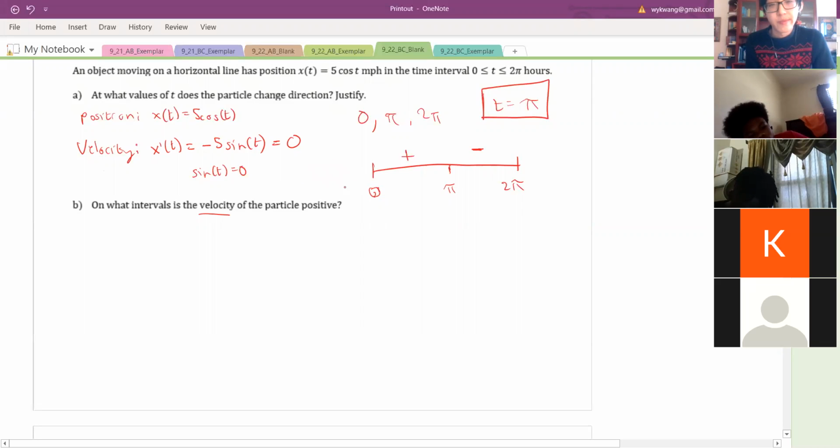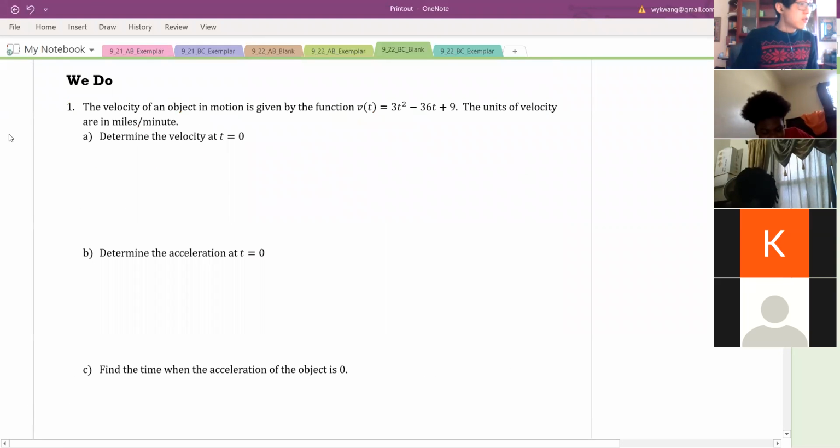So from 0 to pi, we have a positive velocity. Okay, cool. Now I'm going to have people attempt part A of this problem.